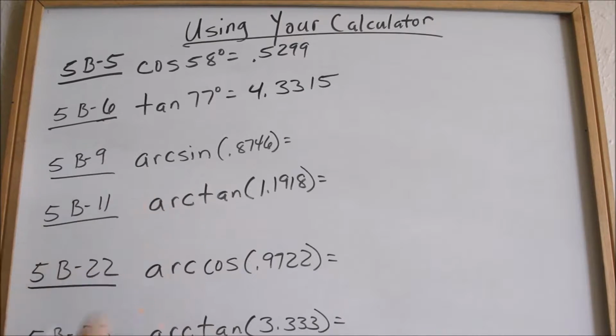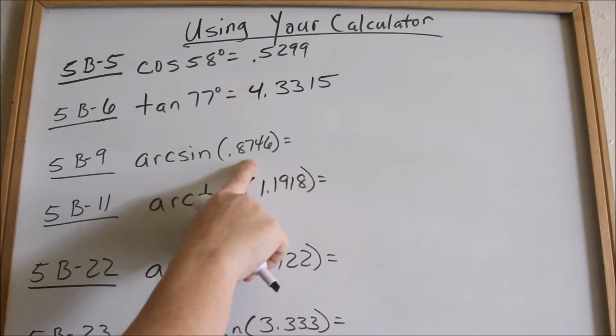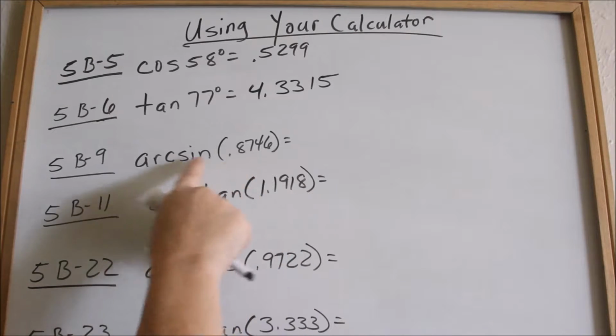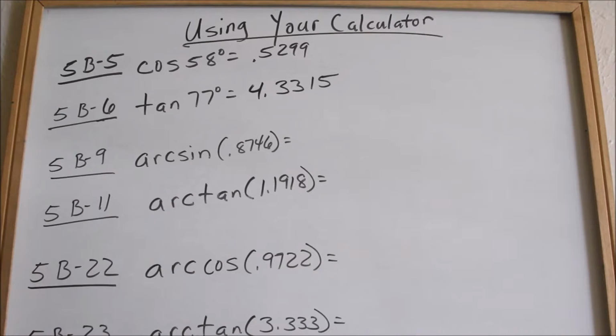Now we are doing the arc sine, which means going backwards. We are given the 4 decimal places and we want the degrees. When you're given the decimals and you want the degrees, you're finding the arc sine, or the inverse of sine.